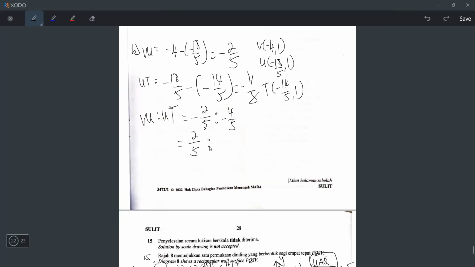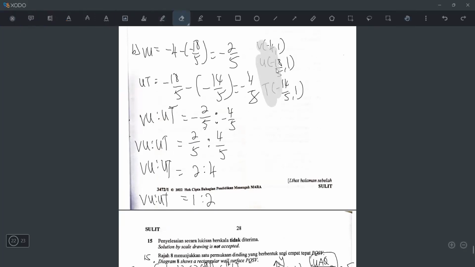Just left with 2 over 5 ratio 4 over 5. You can also times 5 to remove the fraction, so you are left with 2 ratio 4. Then divide both sides by 2, so you end up with 1 ratio 2. So this is VU ratio UT. And this one you can erase also, it doesn't matter. Okay, so that's how you do it.